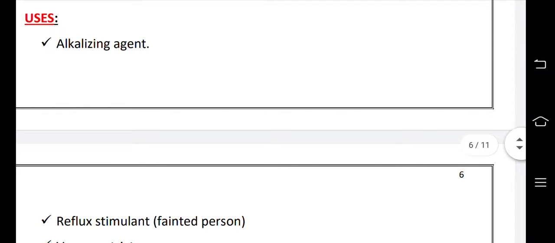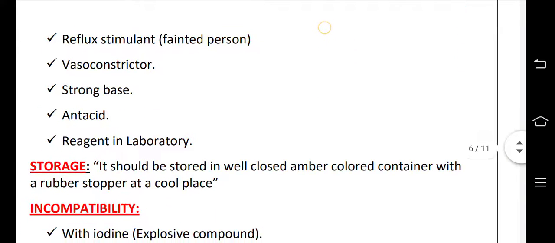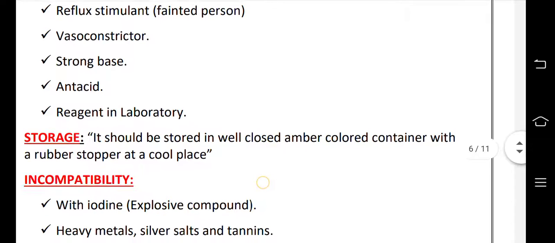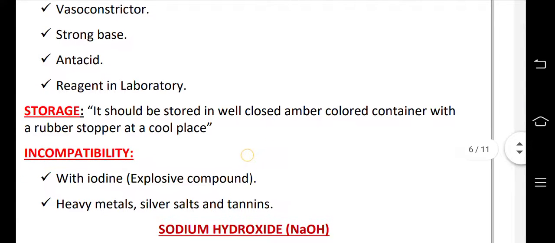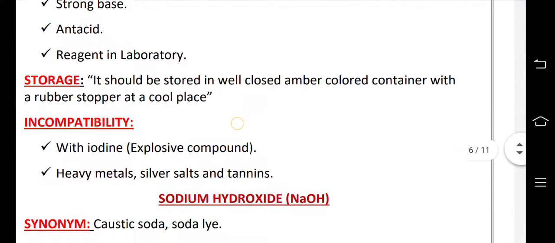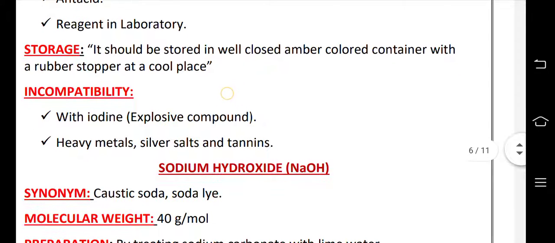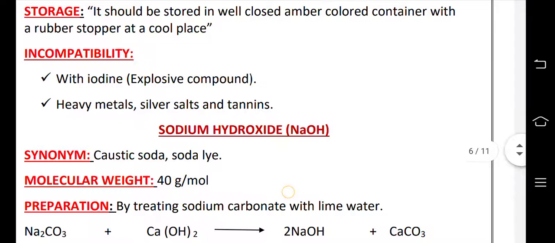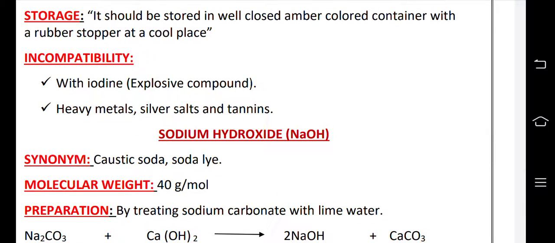Now coming to uses of strong ammonium hydroxide. It is used as an alkalizing agent and reflex stimulant, that is, it is used as a reflex stimulant for a fainted person, vasoconstrictor, strong base, antacid, and it is used as a reagent in the laboratory. Now coming to storage of strong ammonium hydroxide.